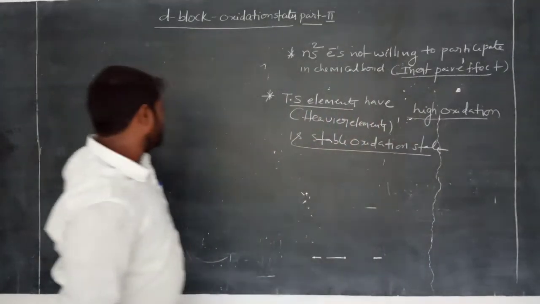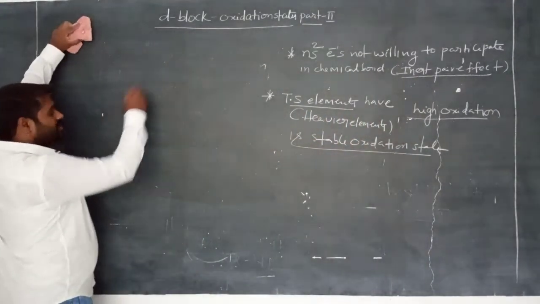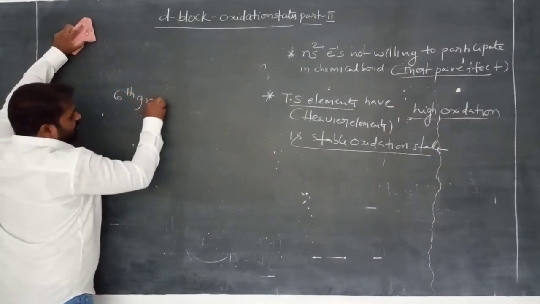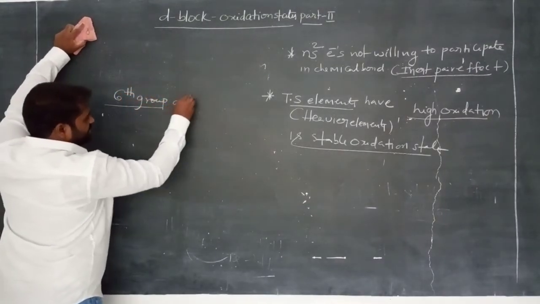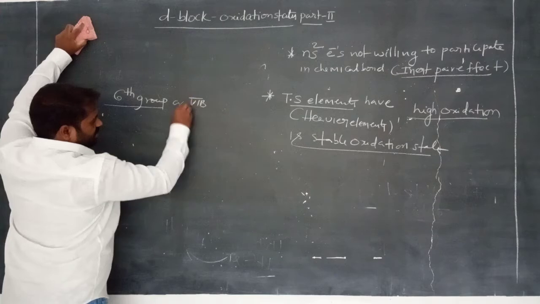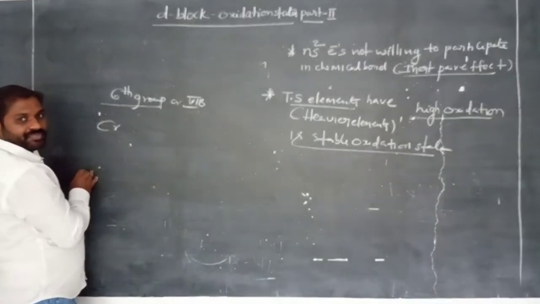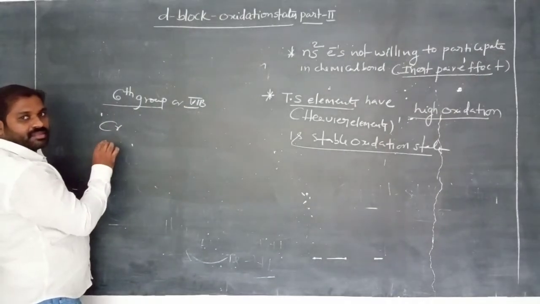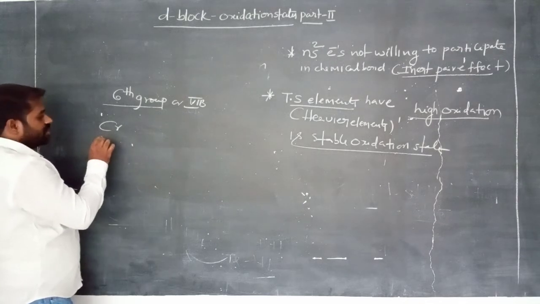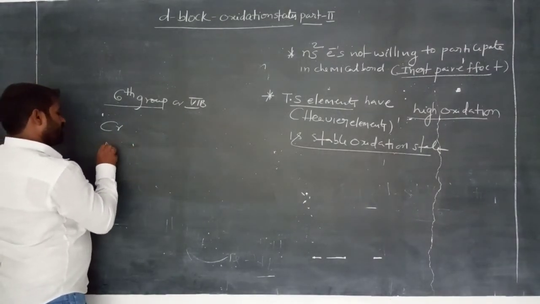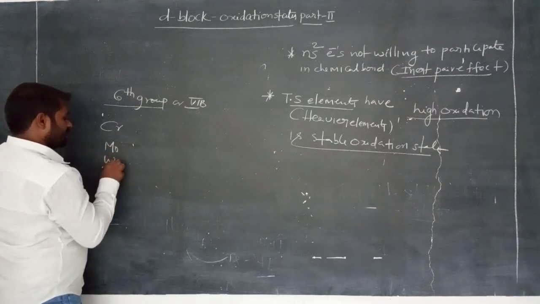For example, if you take the sixth group of transition elements, the 6B group, then we have chromium, molybdenum, and tungsten.